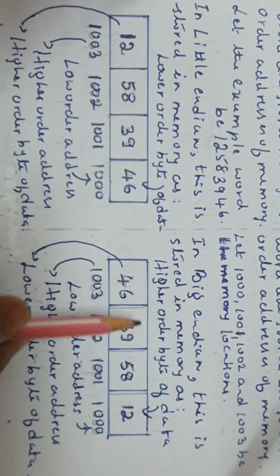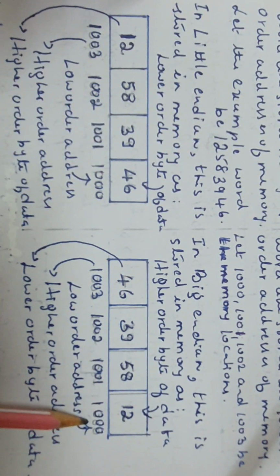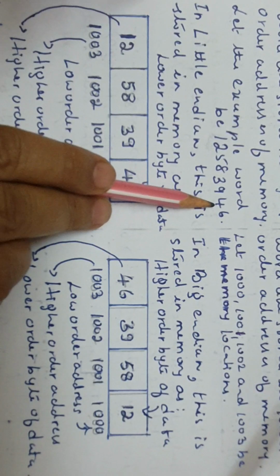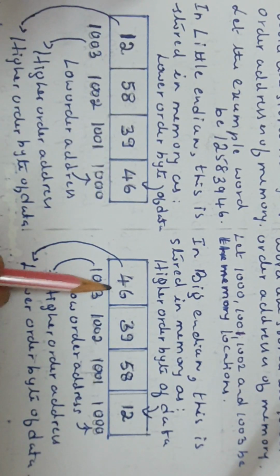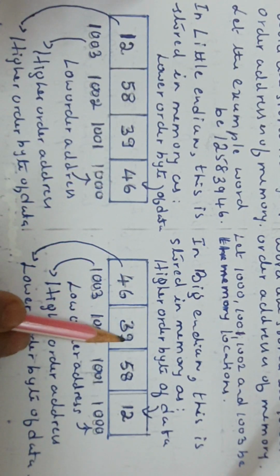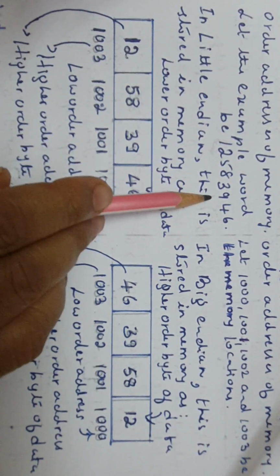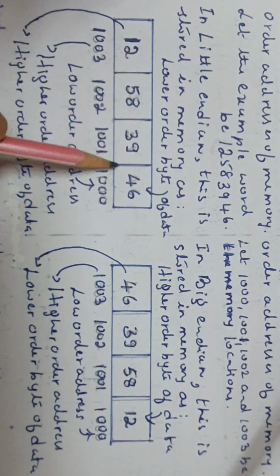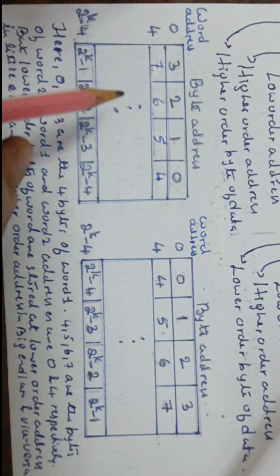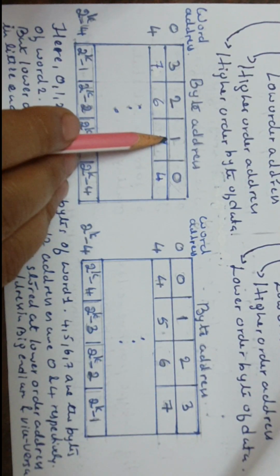But in big-endian, the higher order byte of the word is stored in the lower order addressed memory location, and the lower order byte of the word is stored in the higher order addressed memory location. So this is little-endian and big-endian. This is with respect to one word of data, which consumes 4 consecutive memory locations for storage. In general, let us discuss little-endian and big-endian.